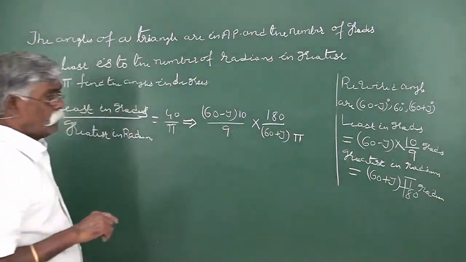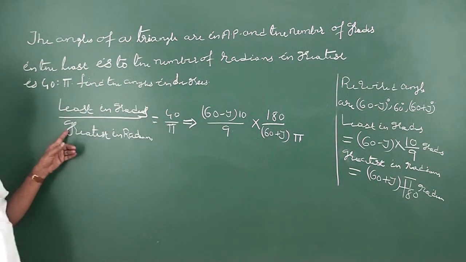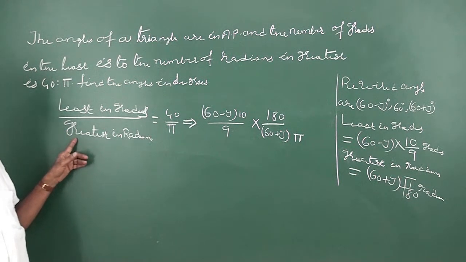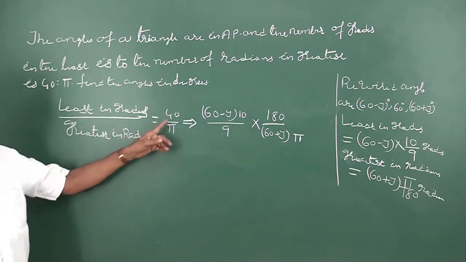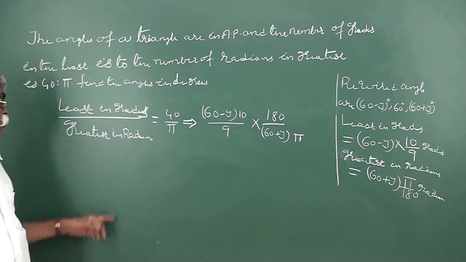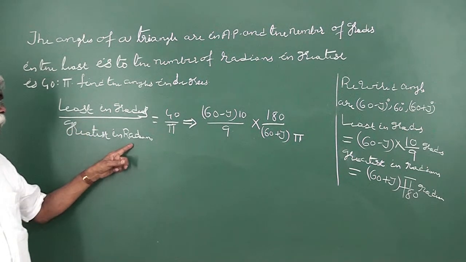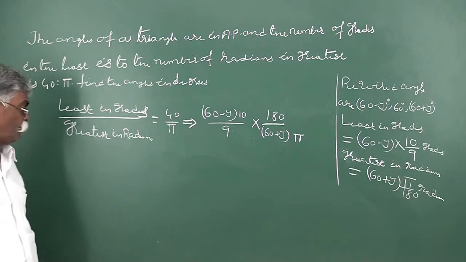So therefore, the least angle in grades and the greatest in radians are in the ratio 40 is to pi. So least in grades by greatest in radians is equal to 40 by pi.